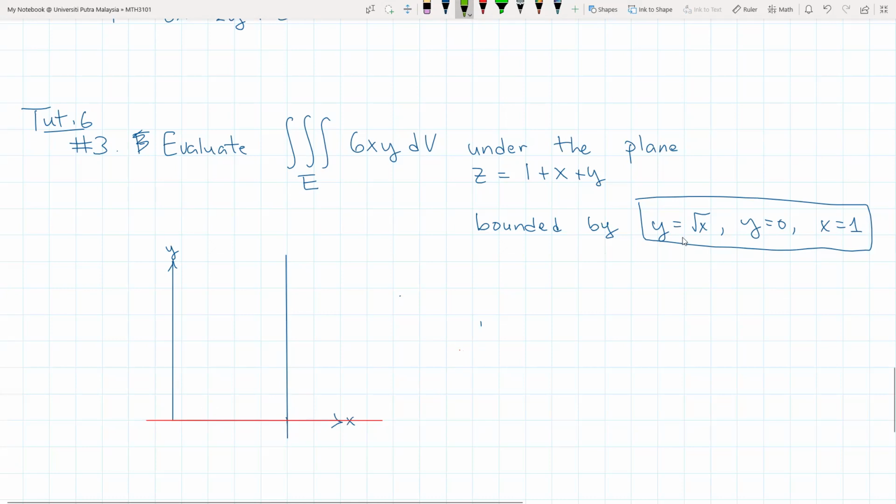And y equals square root of x will be this curve, approximately like that. So the region is inside this region.